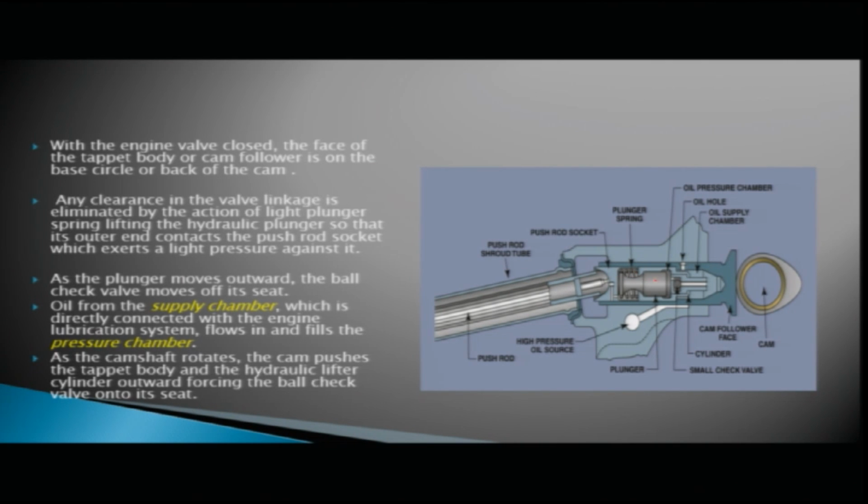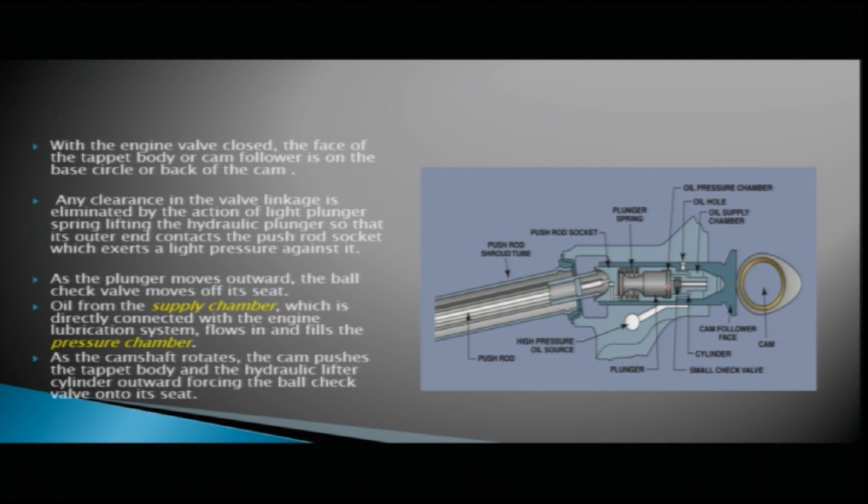This spring will pull the plunger, and the outer side will touch the push rod socket, which exerts a light pressure against it. As the plunger moves outward, the ball check valve moves off its seat.